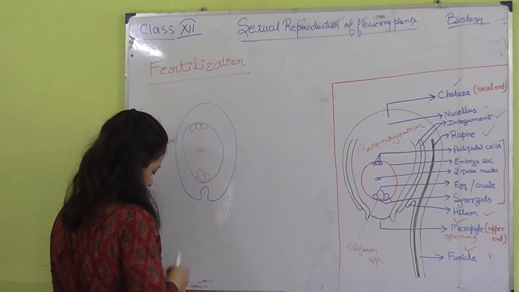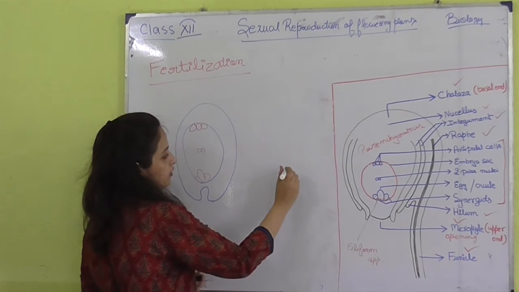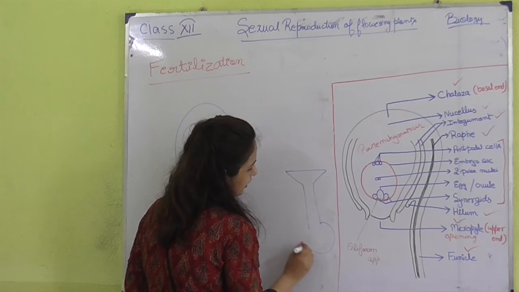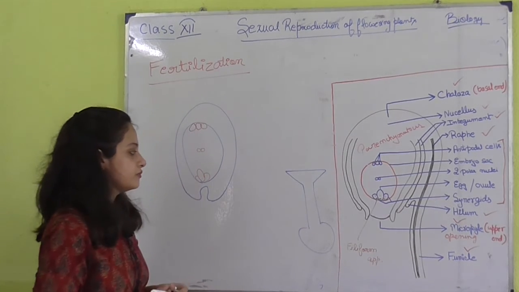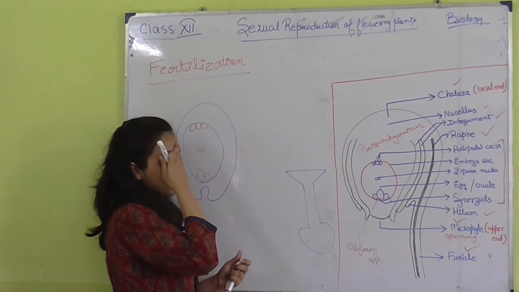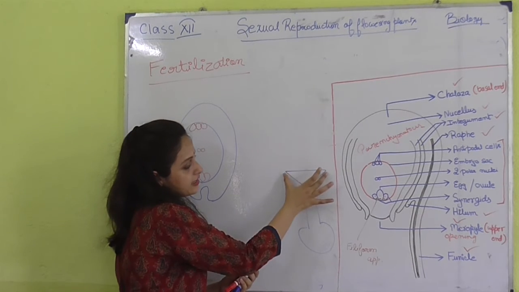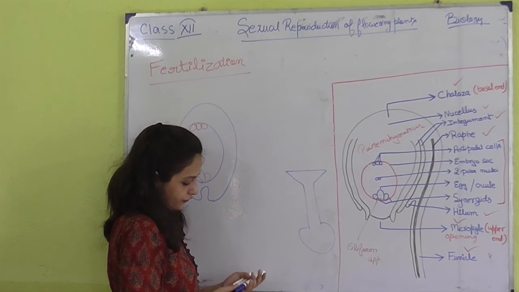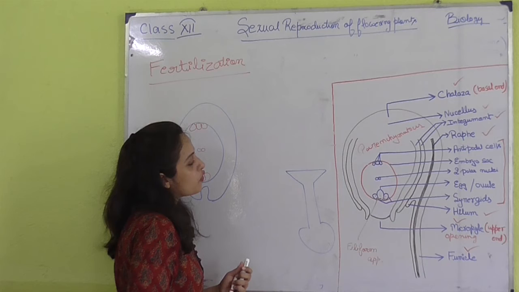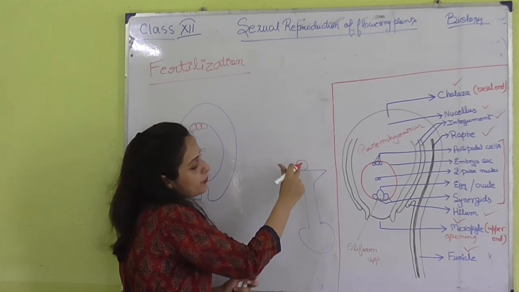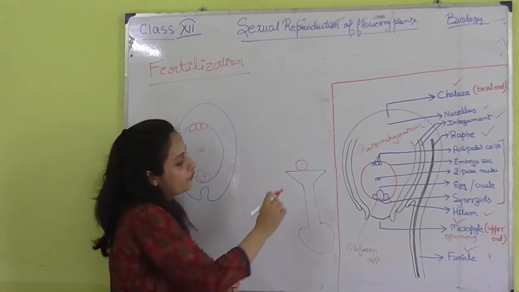As in the earlier class we have stated, this is the female gametophyte of the plant, containing the stigma, style and ovary. What happens if the pollen is compatible to the stigma?